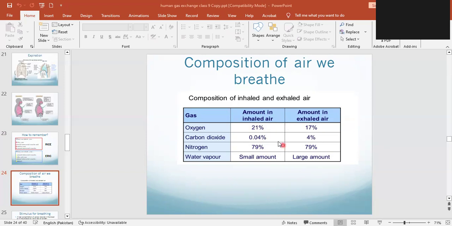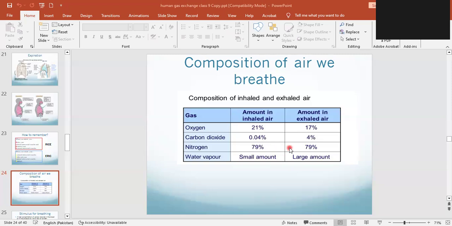Carbon dioxide, when you were inhaling, was 0.04%, but when you were exhaling, it was 4%. So what happened with that change of about 4%? The carbon dioxide in the blood now rushes out in the form of exhalation. Nitrogen is not absorbed in this air form, it is absorbed in a different way, so the nitrogen remained 79%.